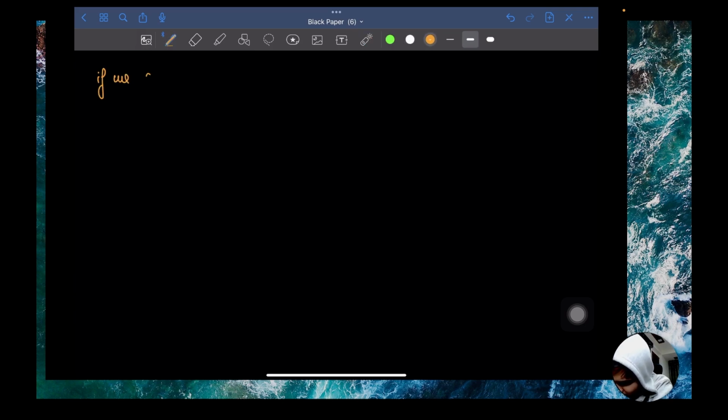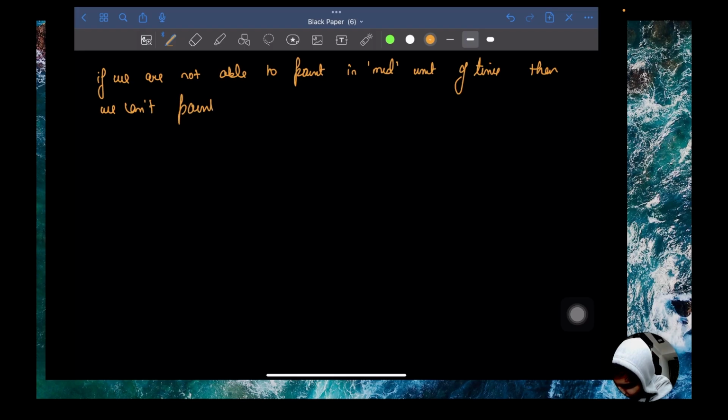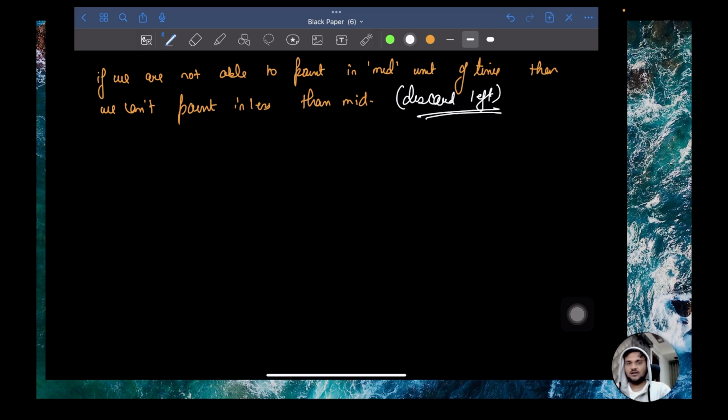If we are not able to paint in mid unit of time, then we can't paint in less than mid. So everything less than mid is a waste for us. You say discard left.